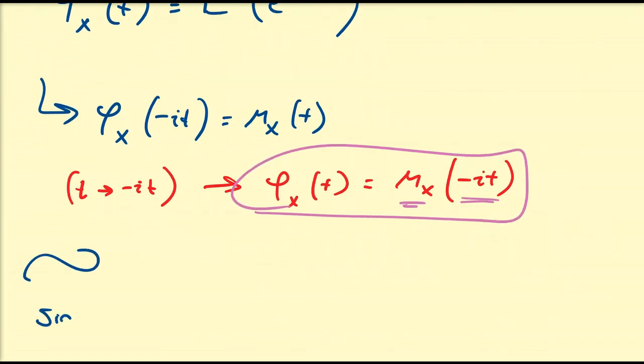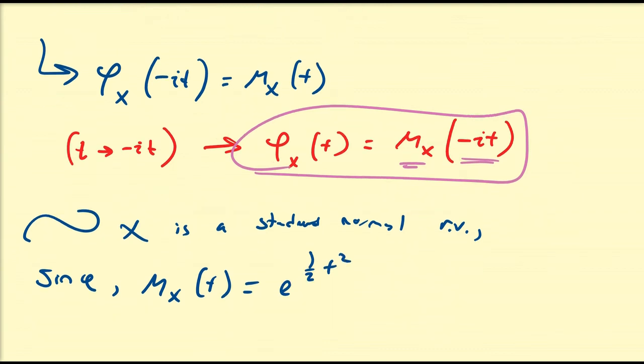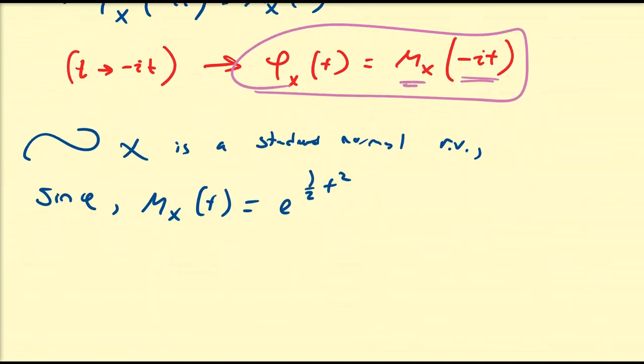So if we assume that X is a standard normal RV, since the moment generating function of X is equal to e to the 1/2 t squared, then via this relationship, the characteristic function of a standard normal random variable is going to be equal to e to the 1/2 (minus i t) squared.